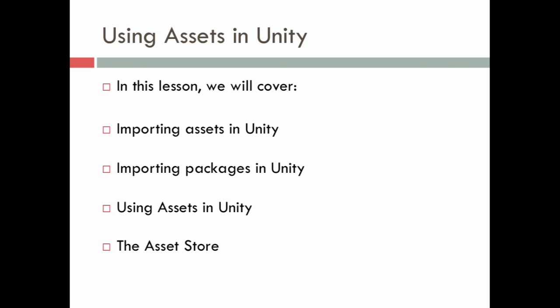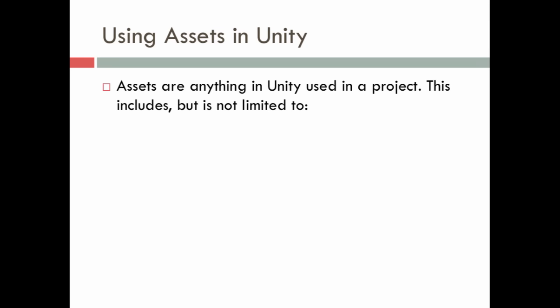What are packages? Well, assets are anything in Unity that you use inside of a project. Anything that you actually want to use inside of your project, whether it be an application or a game, is an asset, something that you use.